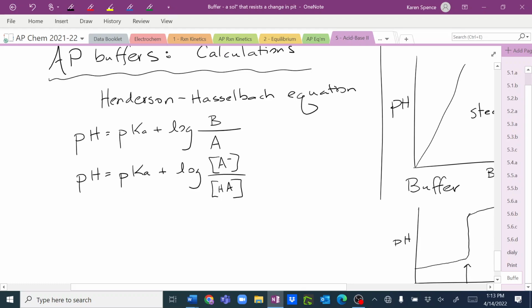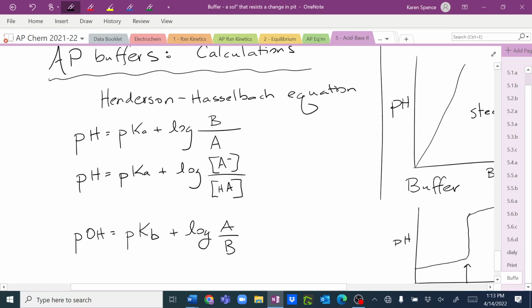Now, there is a converse to that. Can anyone guess what the other one is? pOH is equal to pKb plus the log of acid over base, AB.